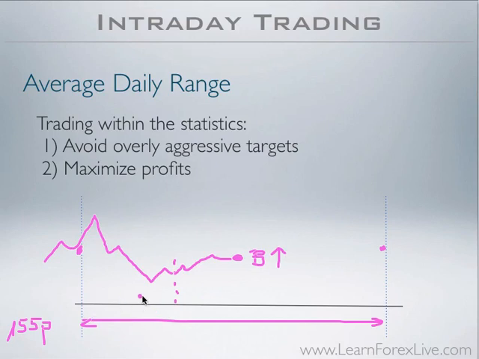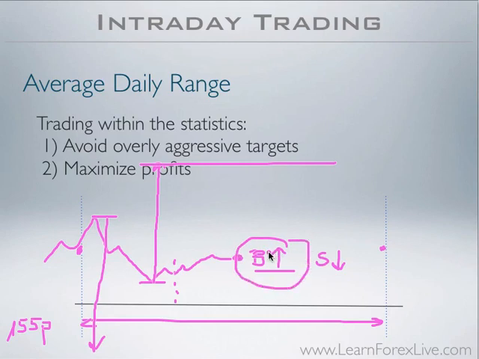Since this is a buy entry, you take the low for the day and add 155 pips to the upside, and that would be somewhere around there. Obviously, if this was a sell entry, you would take the high for the day and add 155 pips to the downside. But since it's a buy entry, you want to project the average daily range to the upside, and that takes us all the way up there.